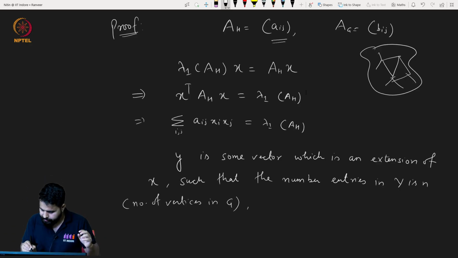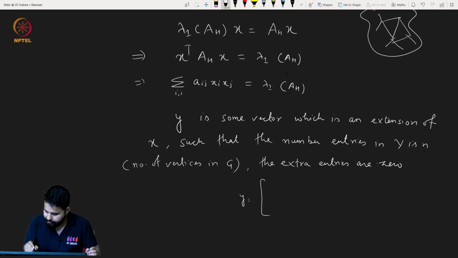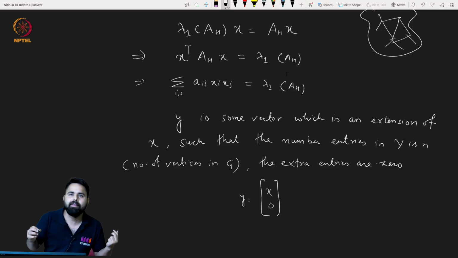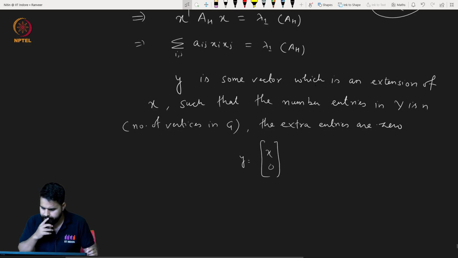The extra entries are 0. Without loss of generality, you can assume that y is this vector: somewhere here this is x and there are some zeros, just to make it a vector having n entries. Now if you see here, what will this quantity be?